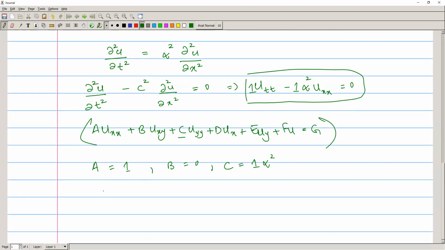Now we can apply the expression b squared minus 4ac, and in fact C is negative alpha squared because of this negative sign. So b is 0, so 0 squared minus a, which is 1, times c, which is minus alpha squared. This minus minus becomes plus, so this will be only alpha squared.